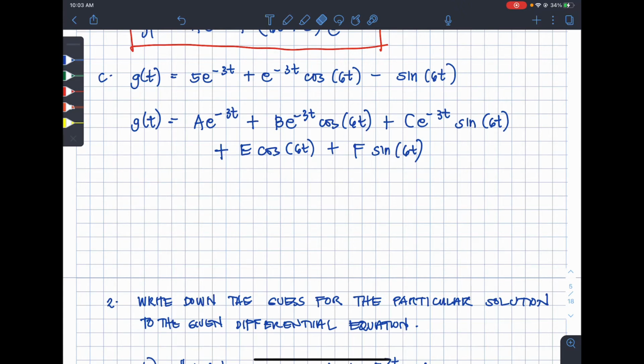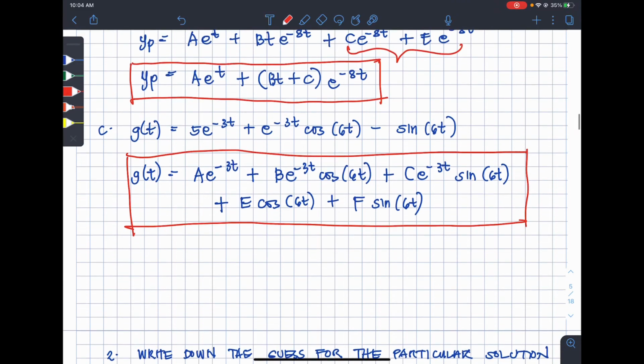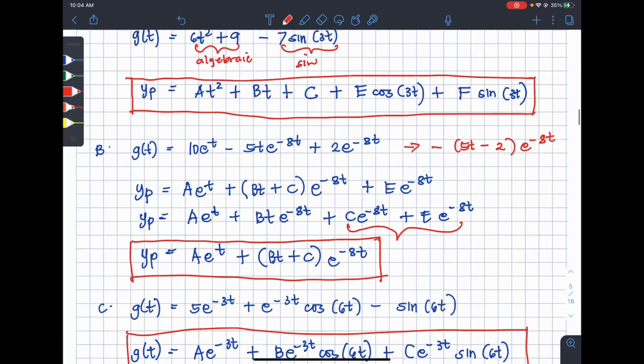So yung parehas na cosine 60 at saka yung parehas na sine 60. Pero it doesn't matter. It's just the same. So this would be our trial particular solution. So again, we're just finding the trial particular solution. So we're not even finding the solution yet. It's just the trial particular solution.